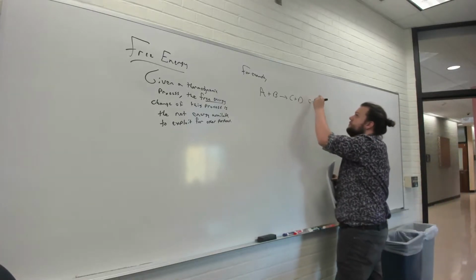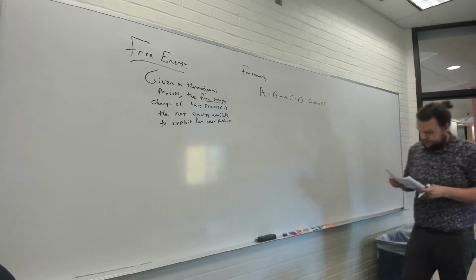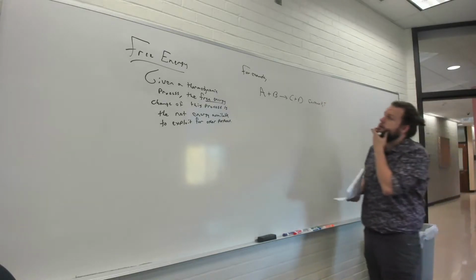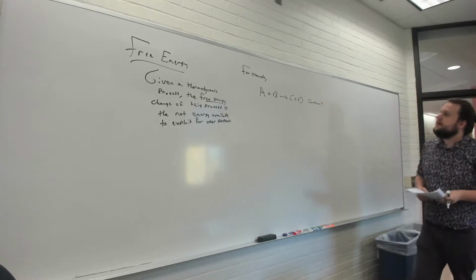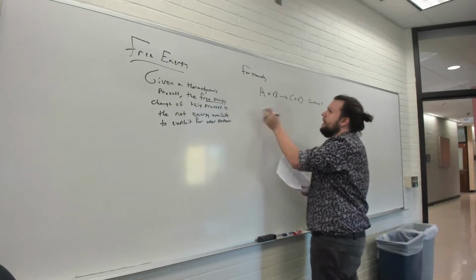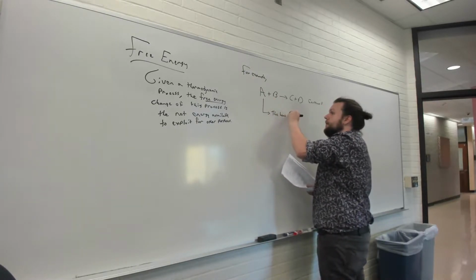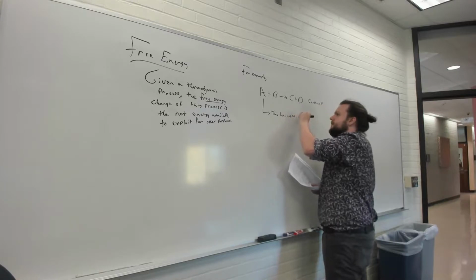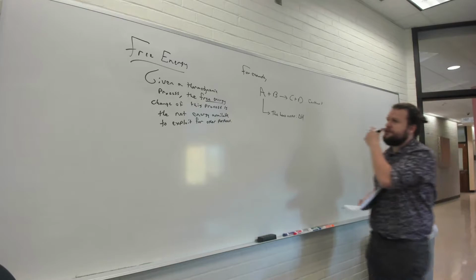Let's do this at constant pressure, or constant temperature, constant volume, whatever you would like. Let's just do constant P. And of course, with constant P, we can measure the heat output or input, delta H. Right, as we'll see, we'll also be able to measure the entropy change.